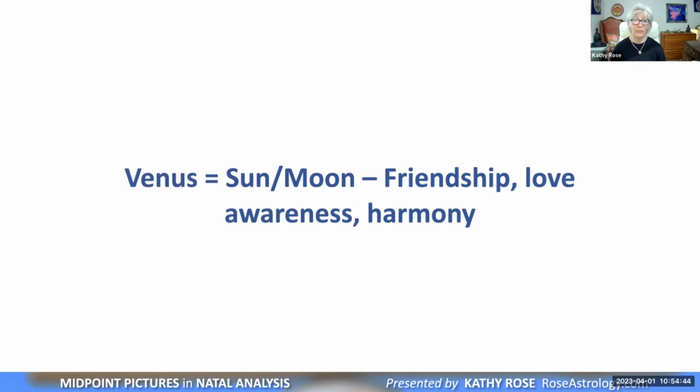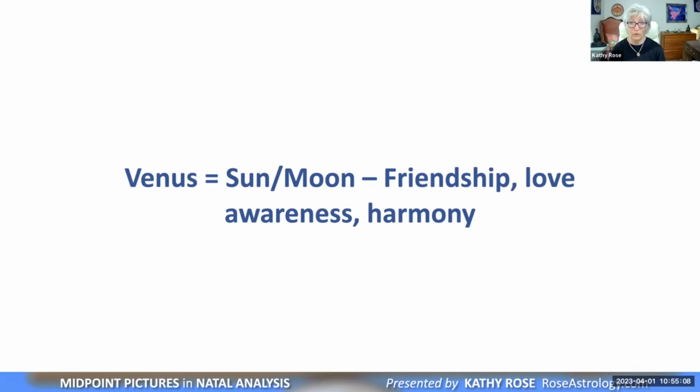Quite often, people with Venus equals sun moon have a lot of friends, or need to have social connection a lot. And my daughter did. She had social connection. Her calendar was booked. Let me just say that. And quite often, people with Venus equals sun moon are very harmonious. There's an elegance many times.